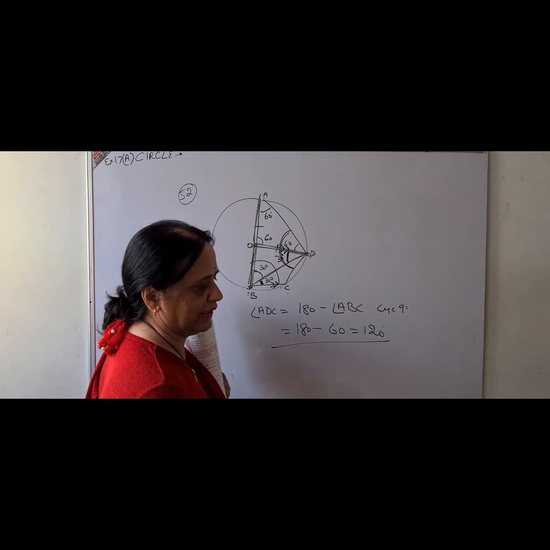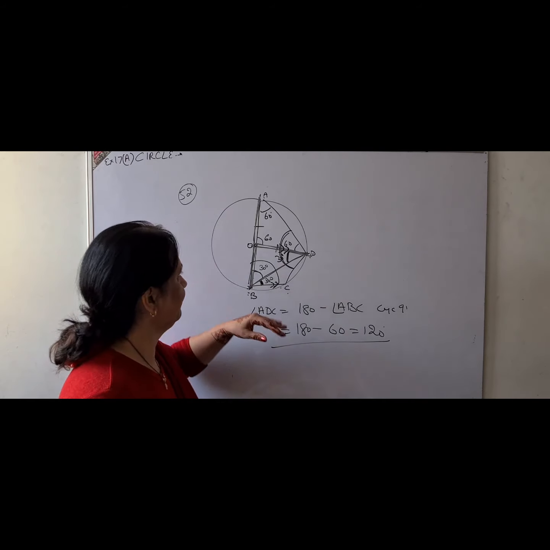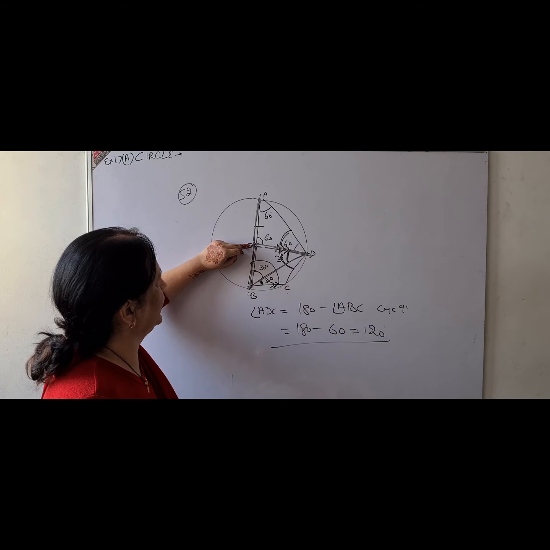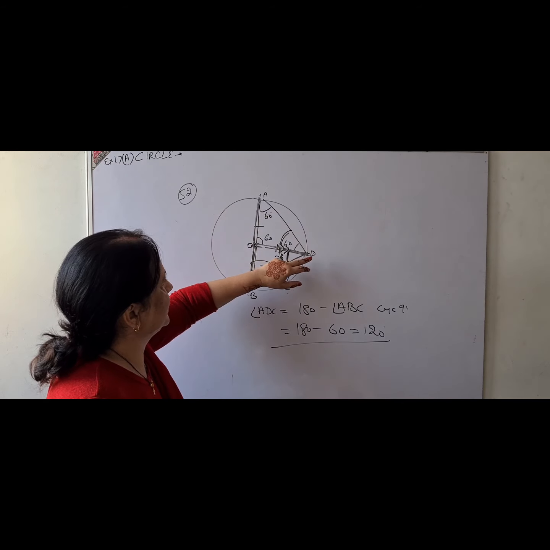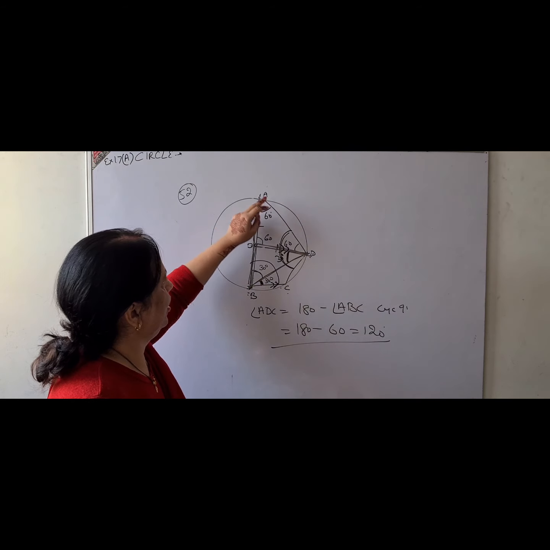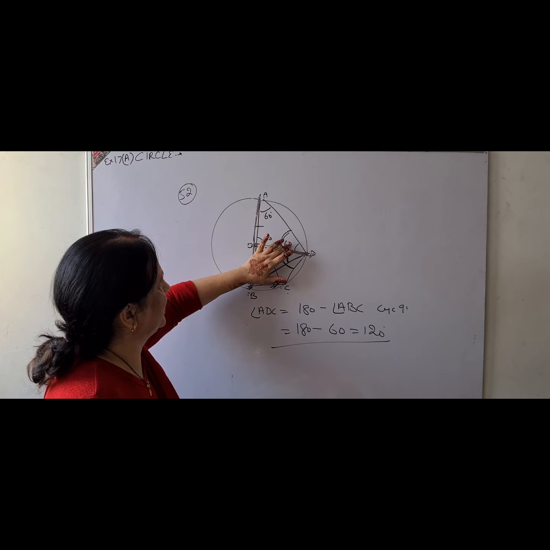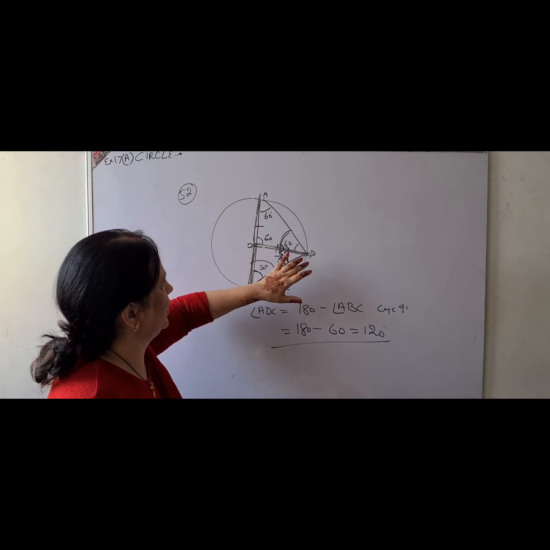So how simple it is. Making you understand once more: OA is equal to OD, and they have given you angle AOD is 60. Also OD and OA are radii of the same circle, so base angles will be equal. It is an equilateral triangle.